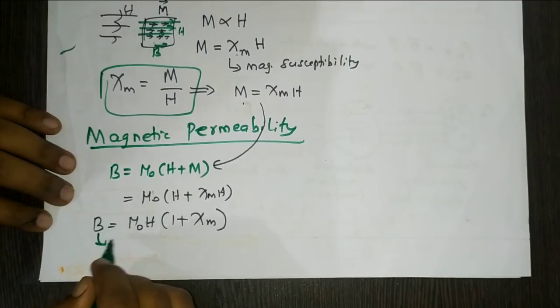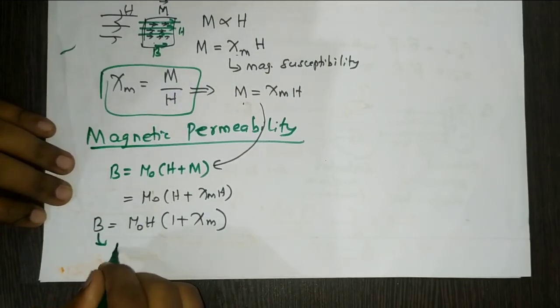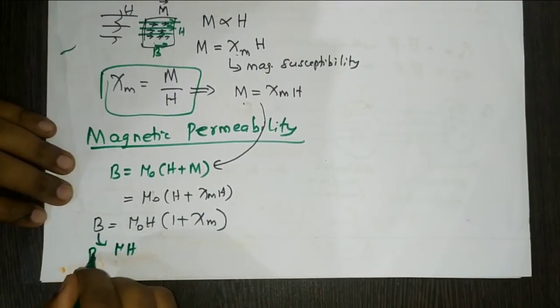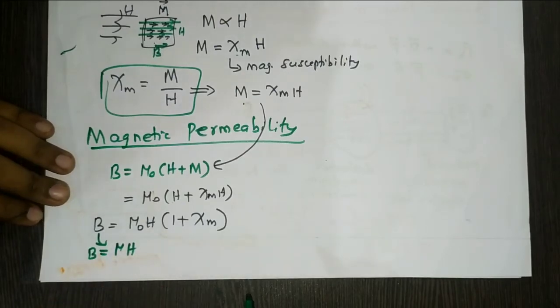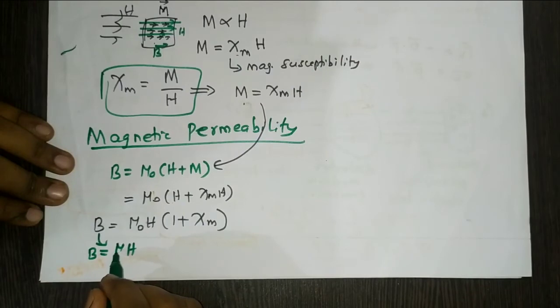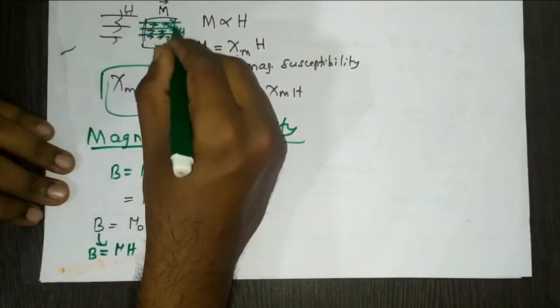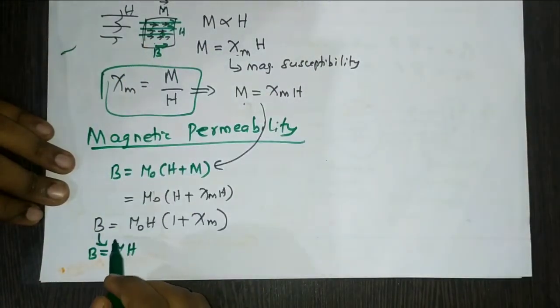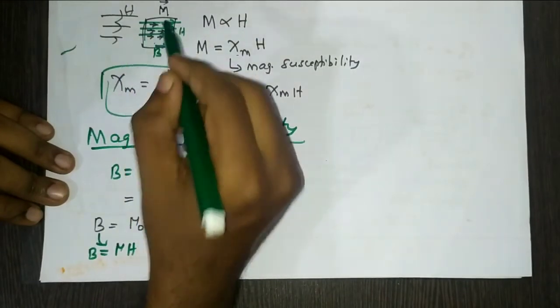The magnetic field B can be written as mu into H, where mu is the permeability of this magnetic material, or the permeability of this medium.